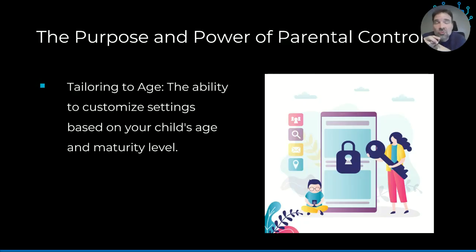Also, parental controls have the option to implement different types of restrictions according to the child's age. So you can make them more restricted to younger kids and less restrictive to older kids, to teens, right? And this is important because you're trying to develop your child's responsibility, right?